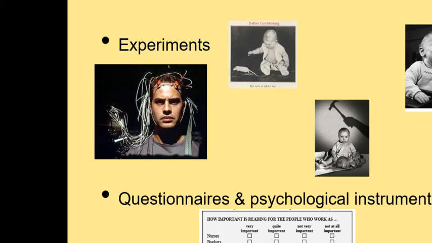But we do experiments in many situations, because the advantage of experiments is we can determine whether it is the variable that we introduced, or some other variable that is causing the change. Experiments are particularly prominent in the medical industry, where you give a person a new drug and you give someone else a placebo, which is a sugar-coated pill.